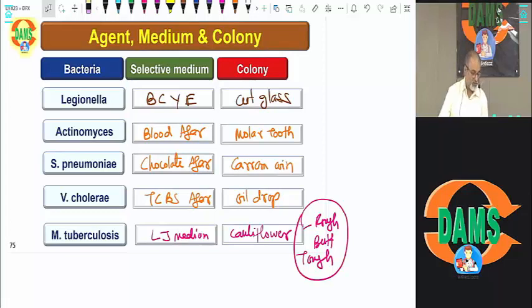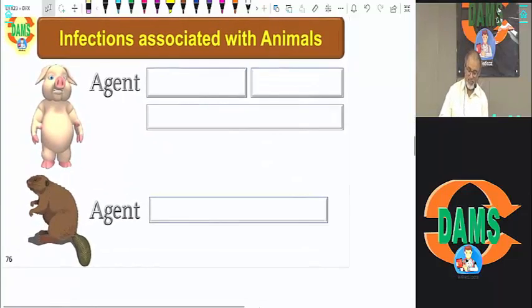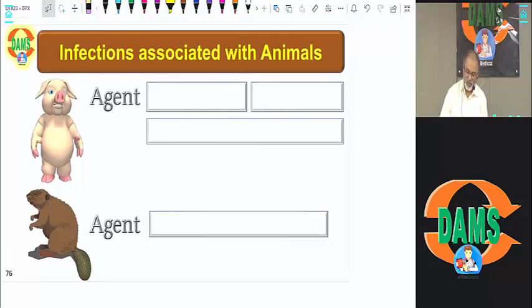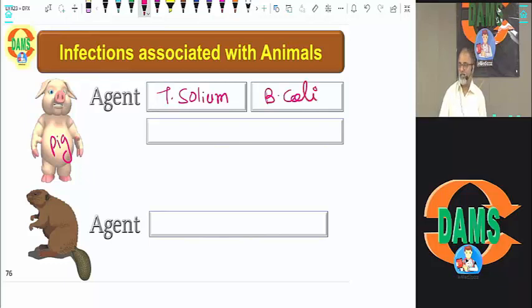Next is infections associated with animals. What is this animal? Pig. Pig is the agent for Taenia solium and Balantidium coli. Apart from that, pig is the mixing vessel for Japanese encephalitis virus.